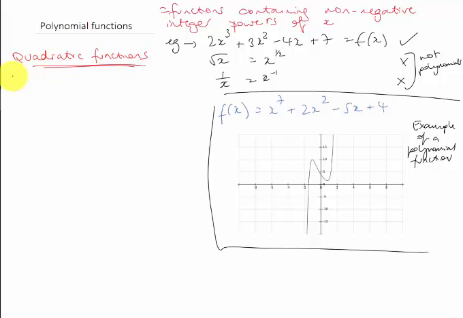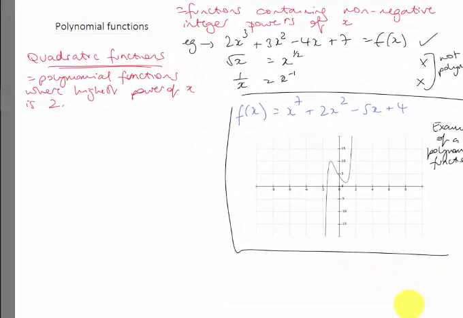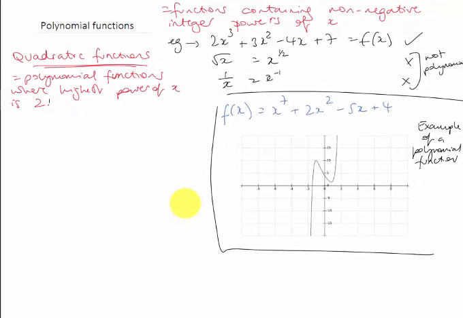So these are polynomial functions where the highest power of x is 2. The simplest polynomial function you could have is f(x) equals x squared. But we could have more complicated ones. It could be 5x squared, it could be x squared plus 2, etc.